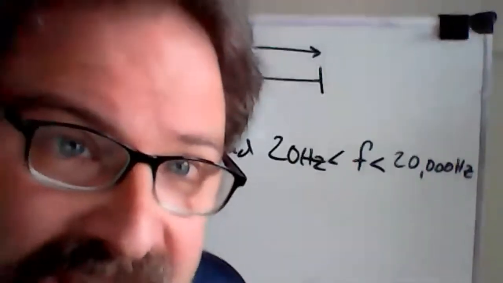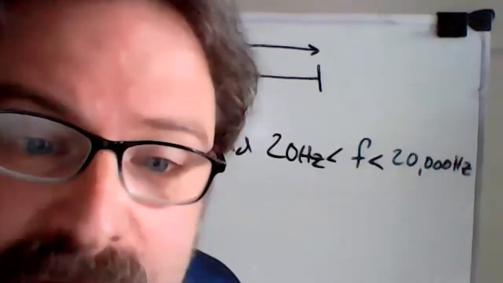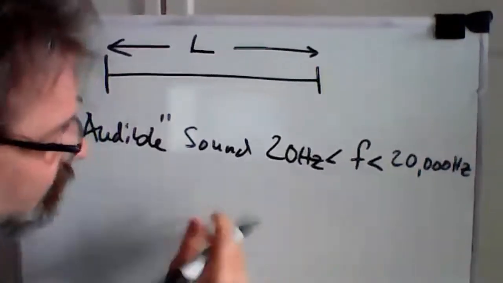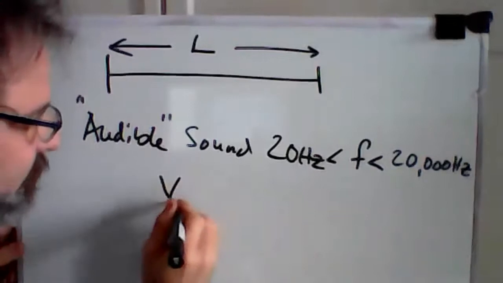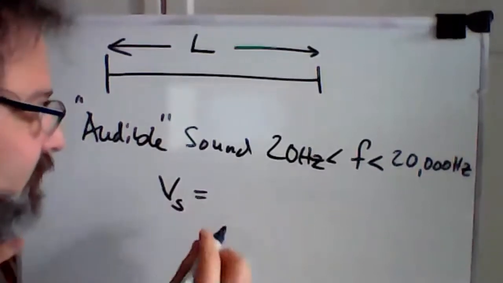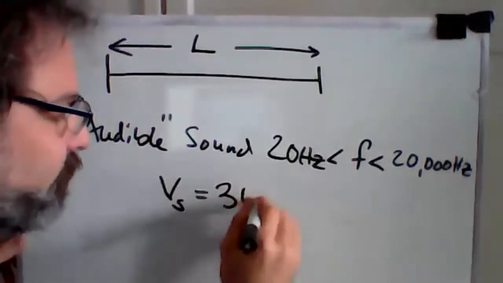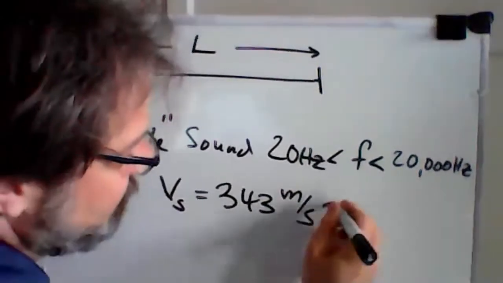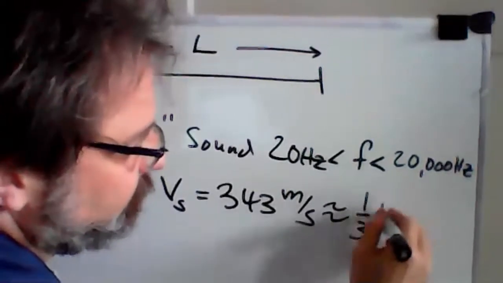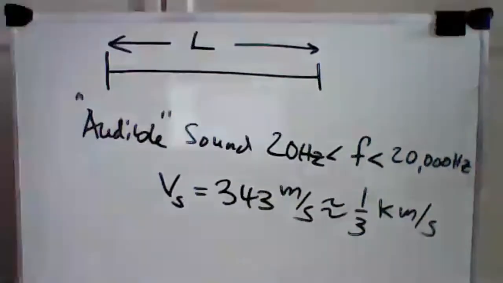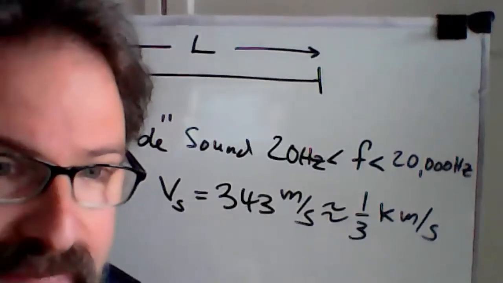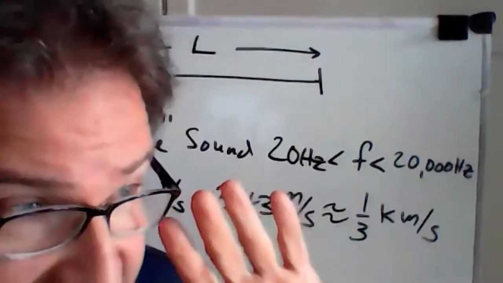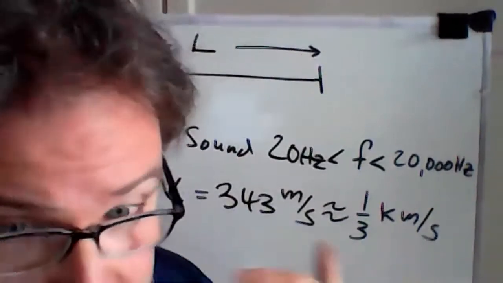And related to that, we can also talk about the wavelengths, because the frequency is related to the speed of sound. The speed of sound is about 343 meters per second, and for you guys, that's about 1/3 of a kilometer per second. Last time, we talked about how you can use this as a shortcut to figure out whether you're going to die soon in a thunderstorm.